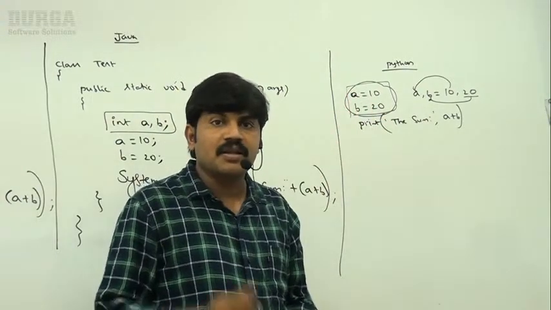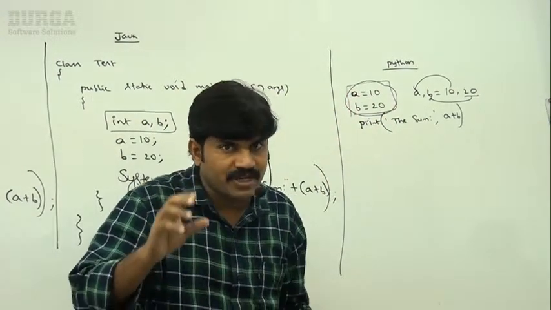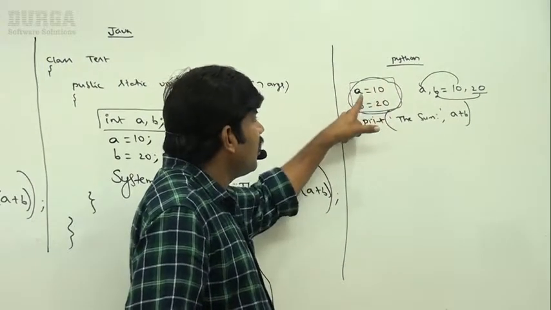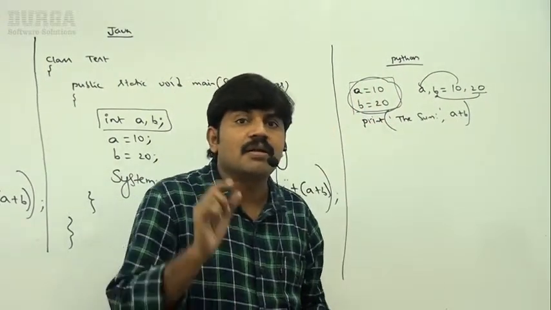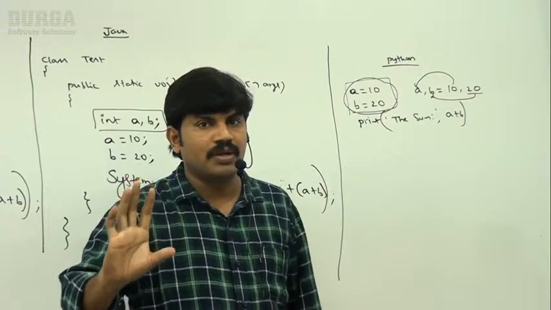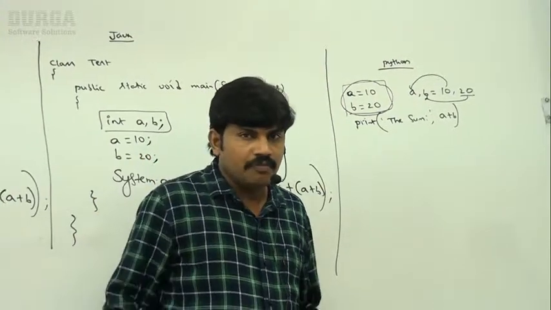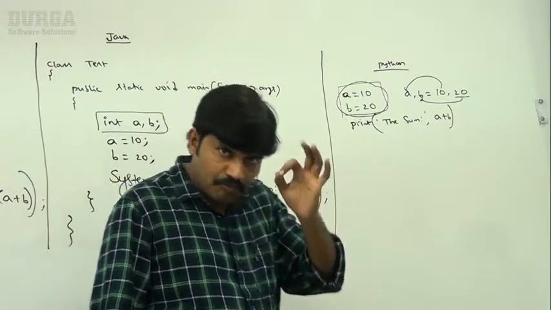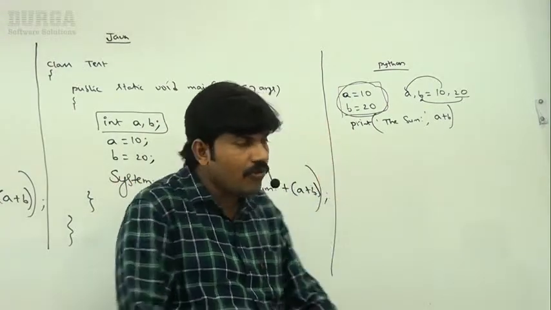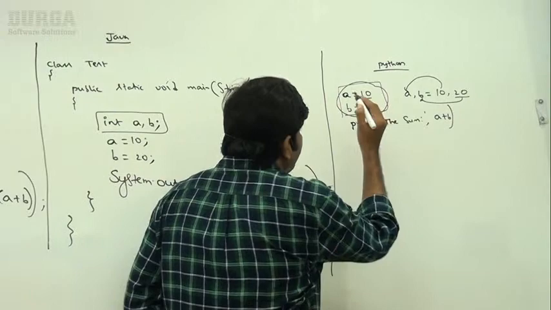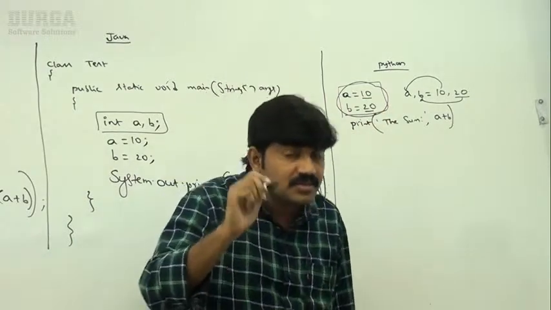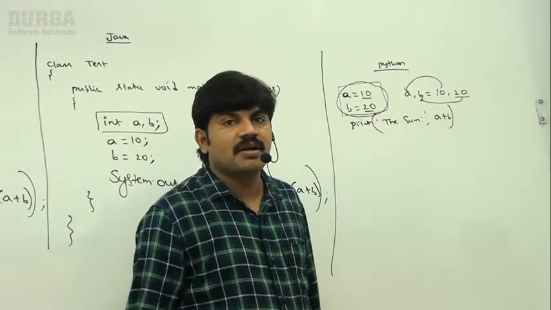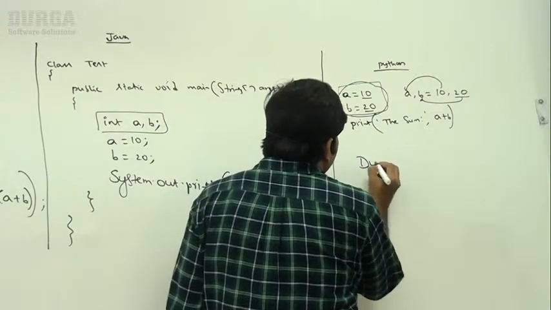Automatically the type will be considered based on your runtime provided value. Such a type of programming language is called a dynamically typed programming language. So in Python, we are not required to declare the type explicitly. This type of programming language is called what? Dynamically typed programming language.